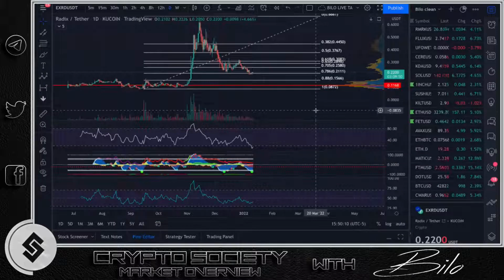Have stop loss set in place and watch those Bitcoin movements carefully, because it's not all about your altcoin charts. It's actually more so, for the most part, apart from the odd exception, about the Bitcoin chart and what Bitcoin's doing. And we're in a bit of a precarious position at the moment, so it's really worth looking closely at things.